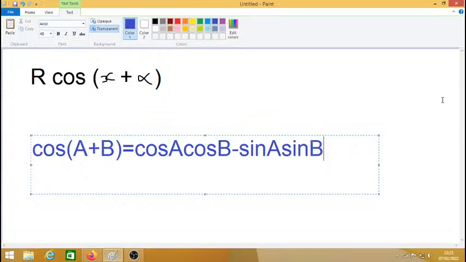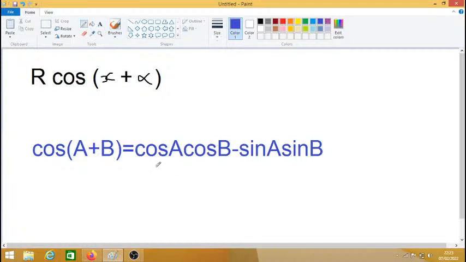So what we're trying to do today is do it in reverse. The right hand side is given to us, and we're trying to figure out what the original part on the left was.